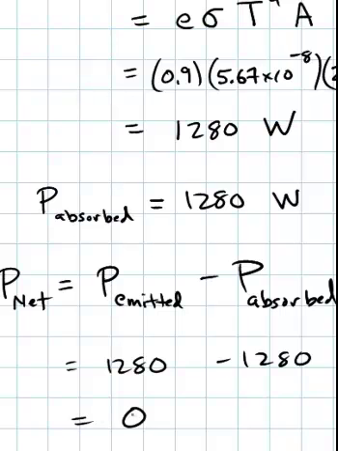Zero watts. And basically we know that's true because we're not doing anything to the stove. It's in an equilibrium state, and it's just going to stay in that state. So the power emitted and the power absorbed are the same.